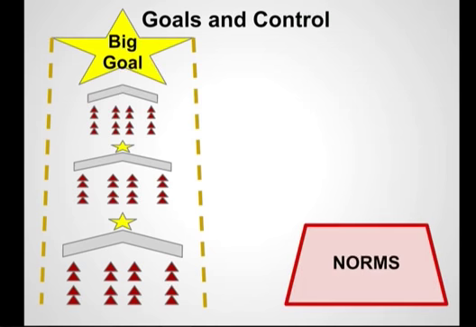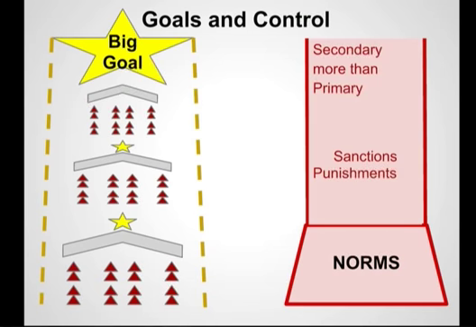Now, another way of keeping the group together is through norms, and norms tend to limit the group and show the boundaries of it. And if people go outside of those boundaries of the group, sanctions or punishments may occur. These types of groups that rely on the norms generally tend to be more secondary in nature than primary groups.